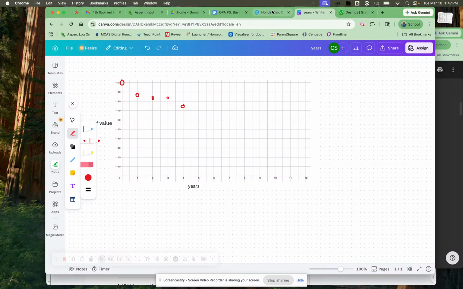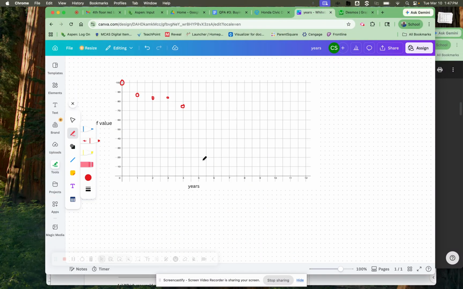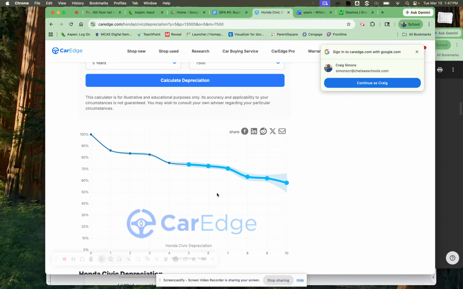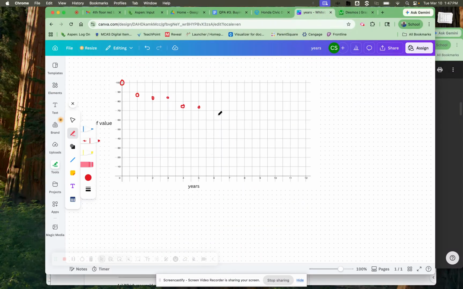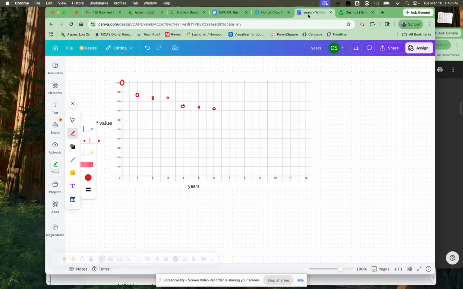Oop, I've got year 5. Year 5 is 74%. Year 6 is 72%. Year 7 is 70%.